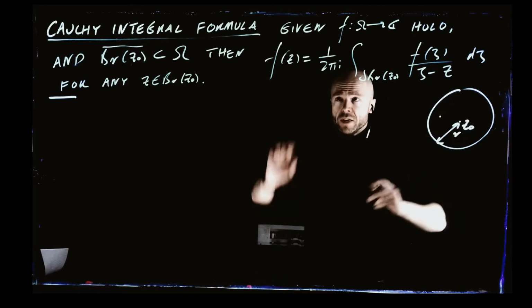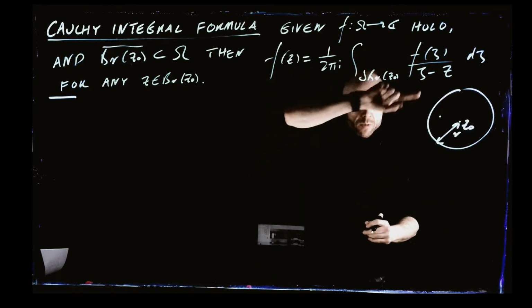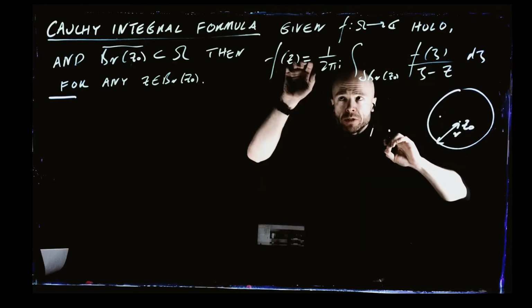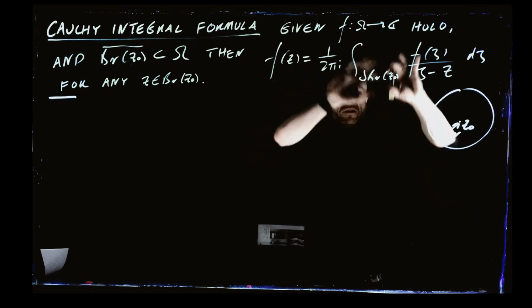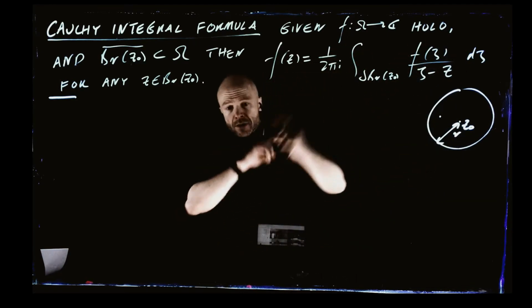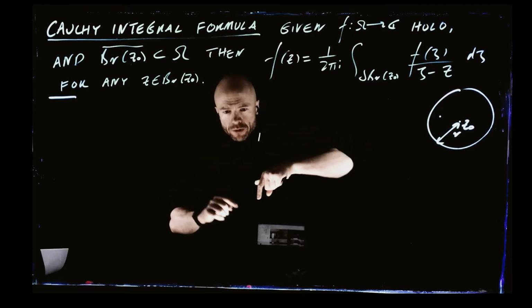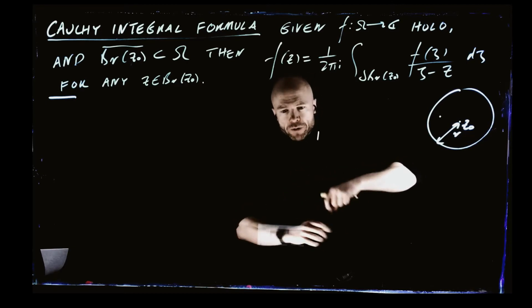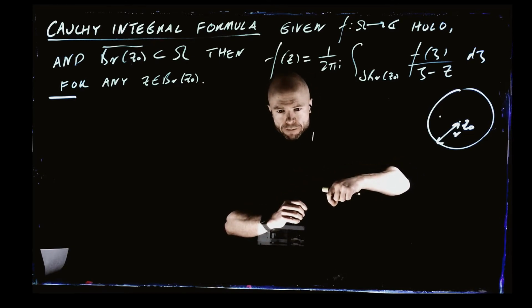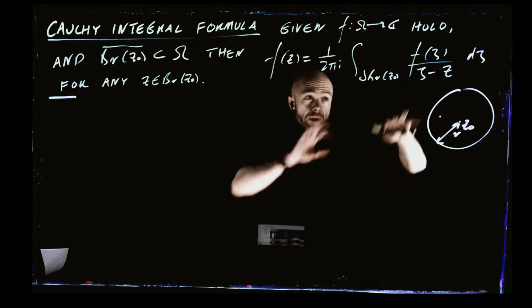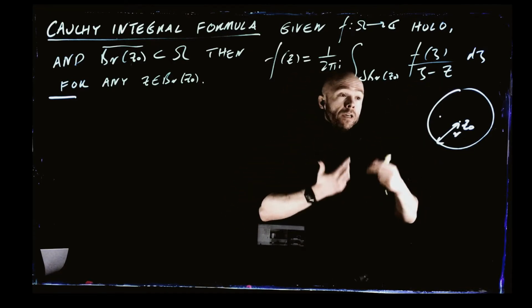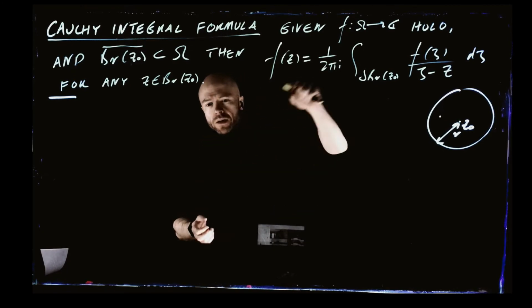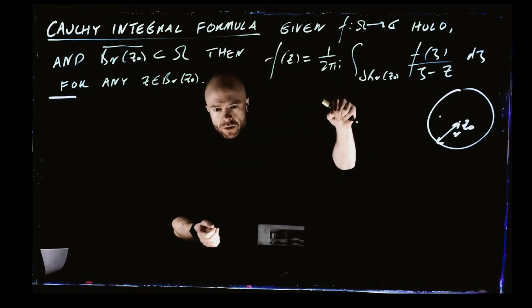We can find out what this value is just by integrating this weird-looking expression around the boundary of the ball. In the particular situation when you took z equals z0, this reduced down to taking the average around the boundary of the ball of the real part plus i times the average around the boundary of the ball of the imaginary part. That's what we found out. So the meaning of this is very natural and understandable in the case when we stick z equals z0 into this formula.